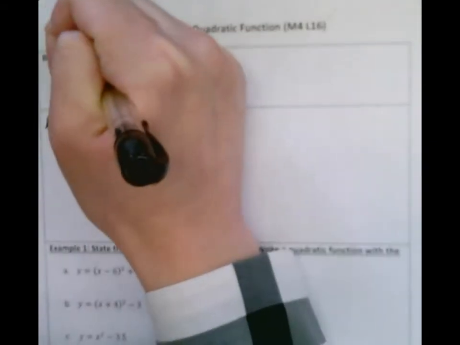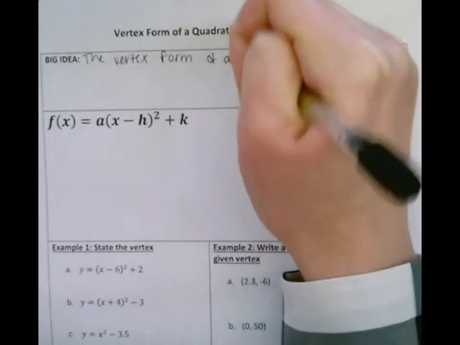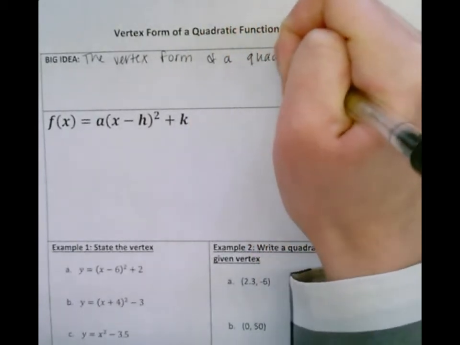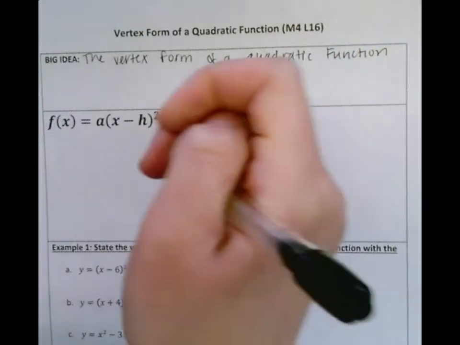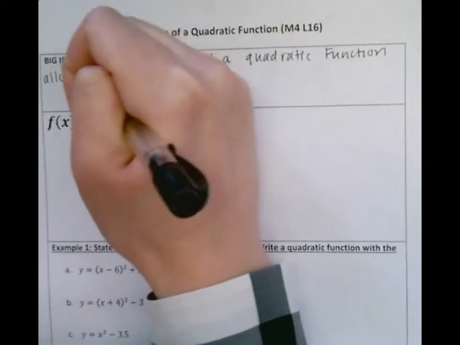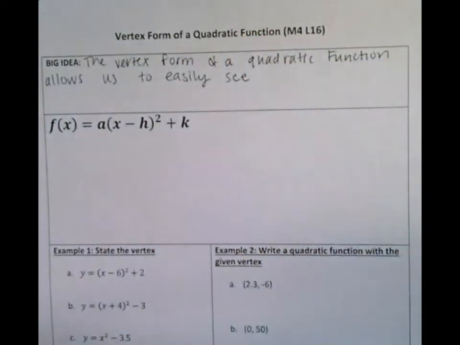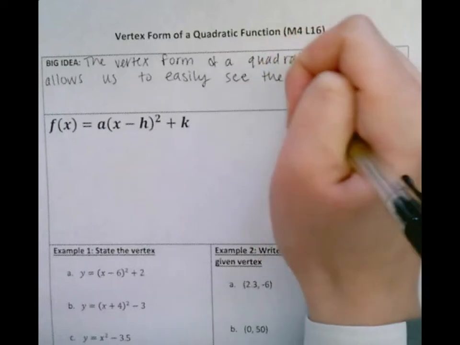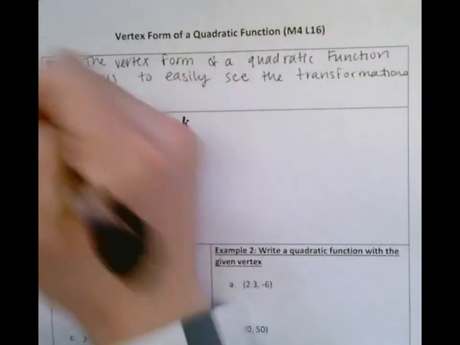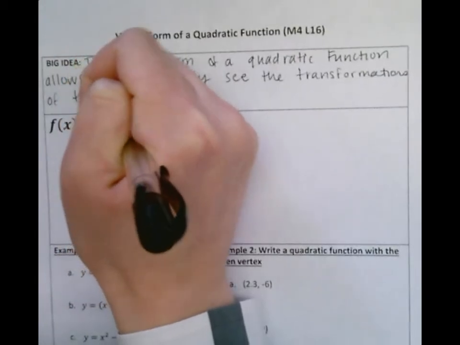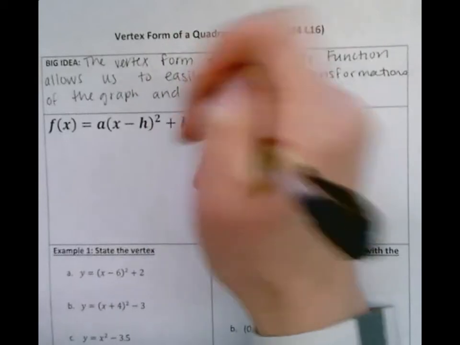So we say the vertex form of a quadratic function allows us to easily see the transformations of the graph and identify the vertex as well.